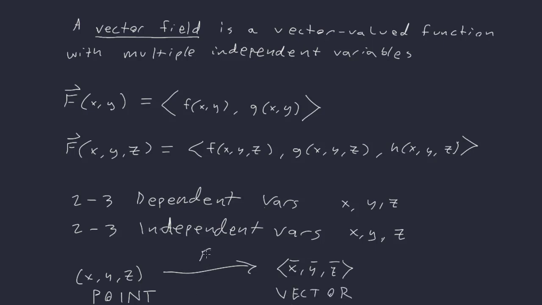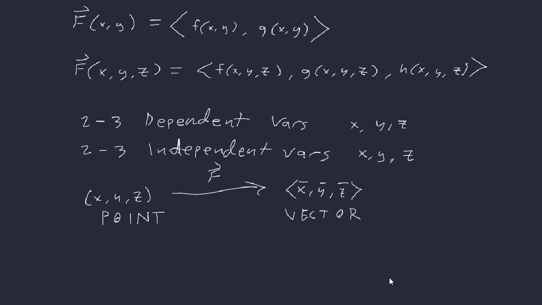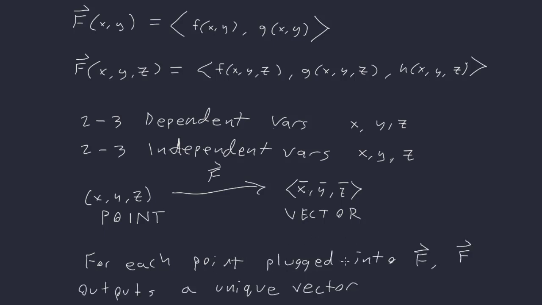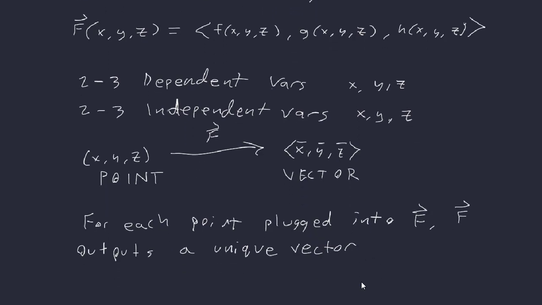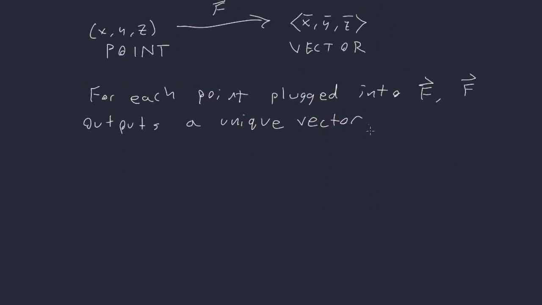What F does is it takes a point and gives us a vector. So for each point plugged into capital F, it outputs a unique vector.